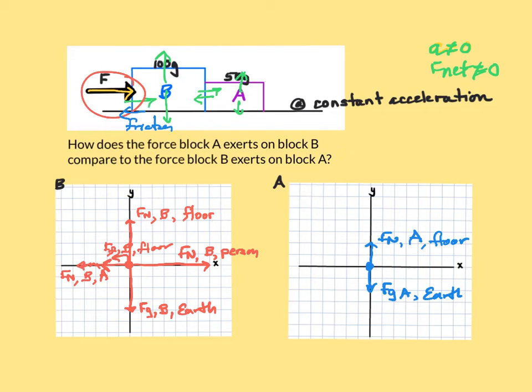And then we've got a normal force here, on A by B. This force and this force are equal in magnitude and opposite in direction. And you can also include friction in here if you want to.